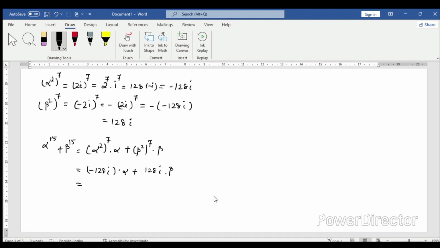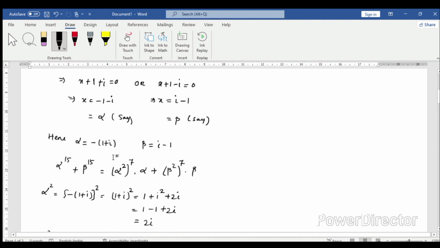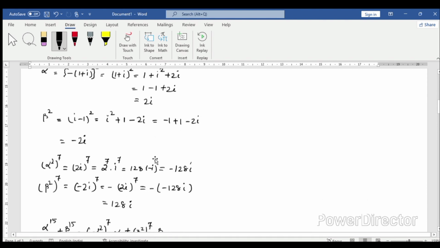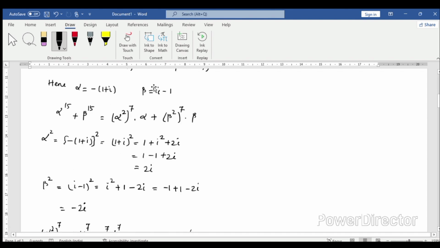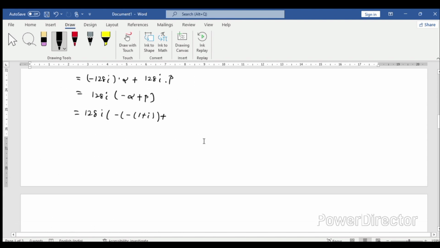If I take 128 iota common, then this becomes minus alpha plus beta. Now alpha is minus of 1 plus iota, correct? So I can write minus of minus of 1 plus iota, then beta is iota minus 1.